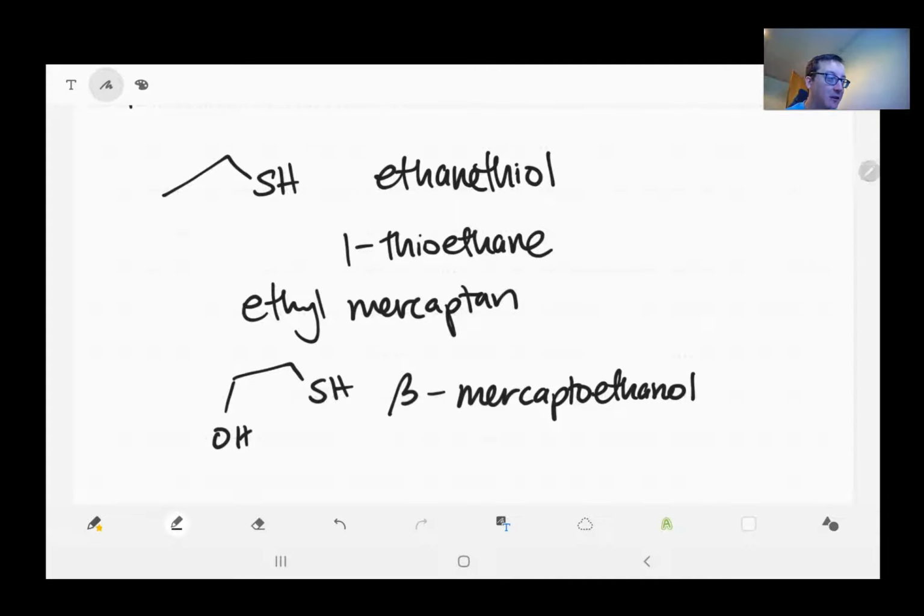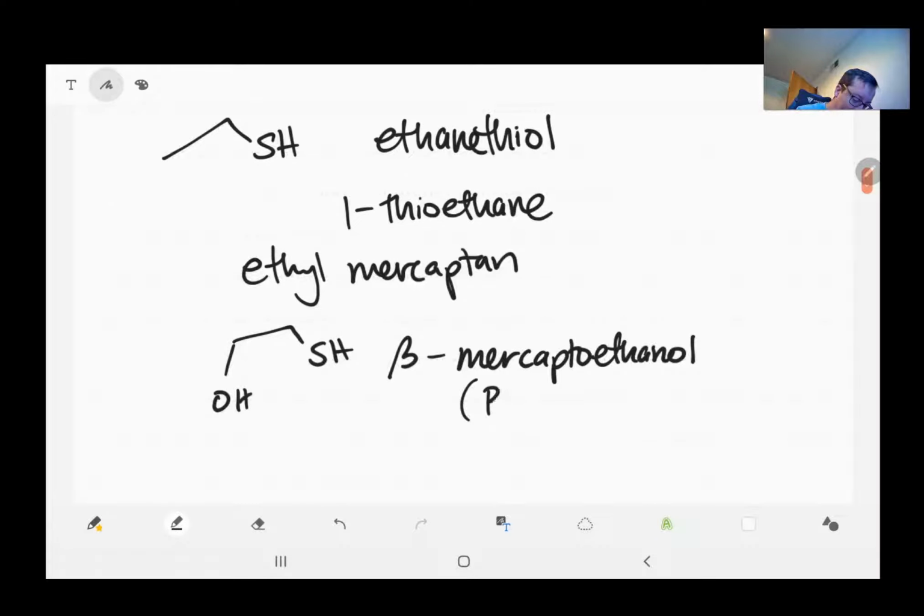It's awful. It is absolutely disgusting, but it's super useful in analyzing proteins. So this is a very, very common thiol that you'll encounter in biology if you do any sort of lab work. If any of you go into any sort of biological research, you'll be using beta-mercaptoethanol a lot, which is abbreviated BME.